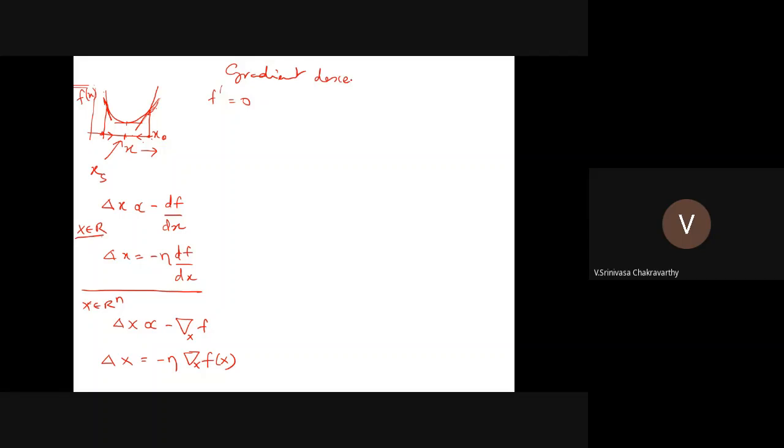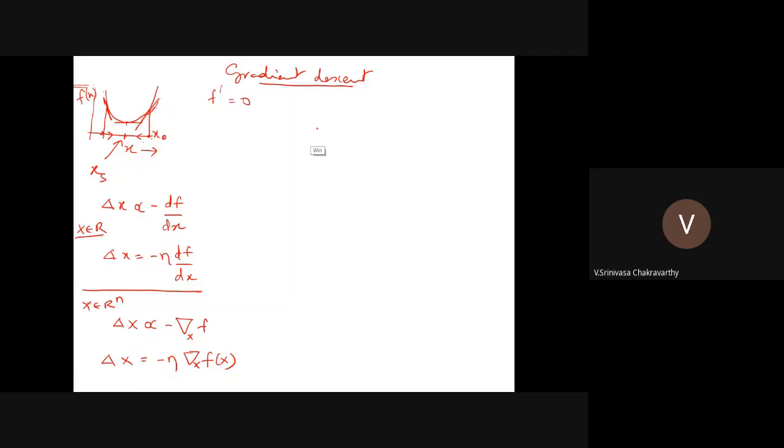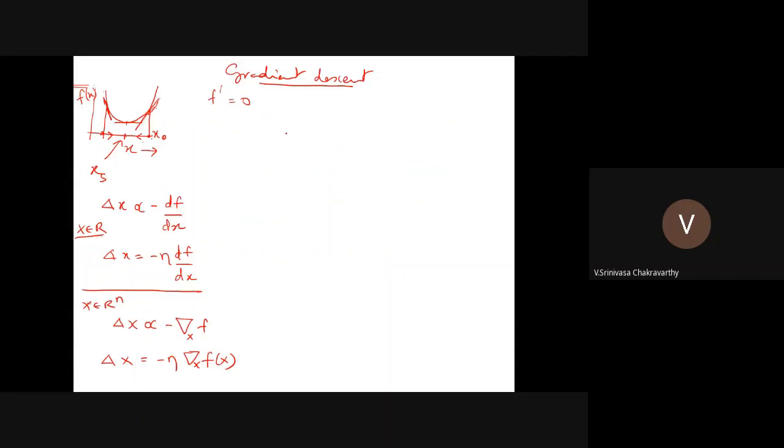We will do exactly this to derive an online clustering algorithm. So this is the cost function. How do you differentiate this with respect to mi? Let us imagine that there is a factor of half here, because then if I differentiate, the power 2 will come to the front and the 2 and 2 get cancelled. So the gradient of E with respect to mi will be mi minus x.